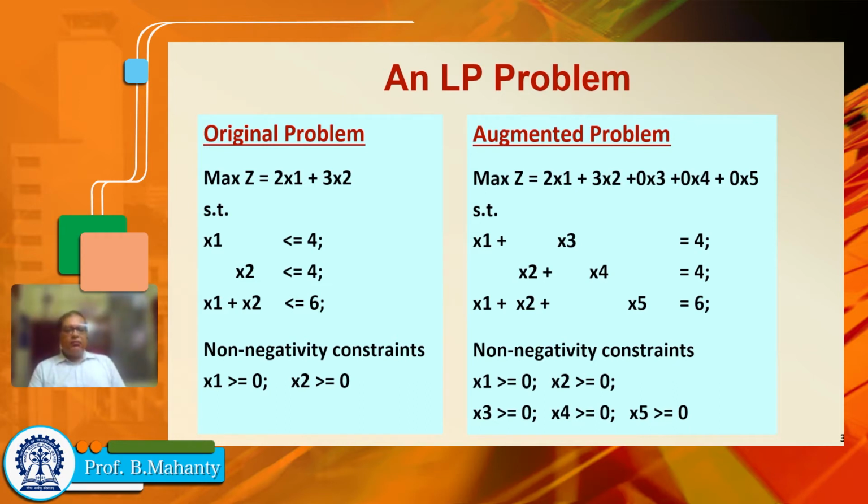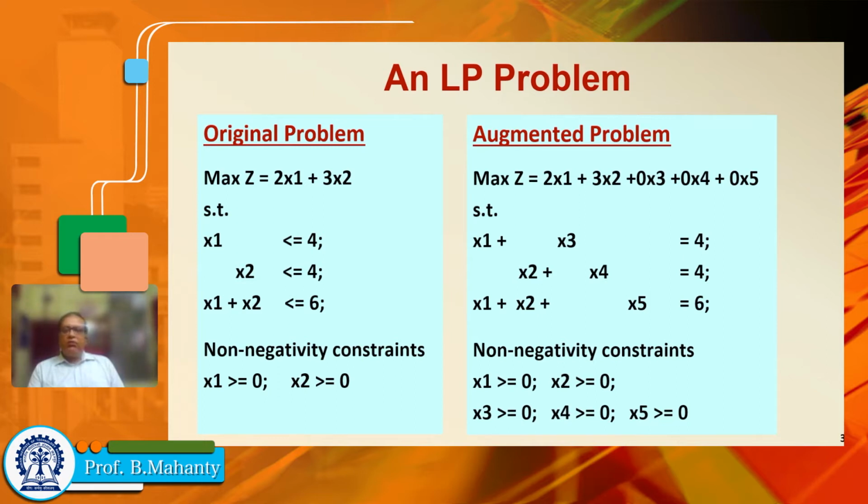One thing you observe is that an objective function is also written. What you observe is that after writing the constraints in this manner, all the inequalities have now become equalities. That is the first thing to observe. The second thing to observe is that these variables x3, x4 and x5, the slack variables which are added to make the augmented problem from the original problem, occur in only one equation.